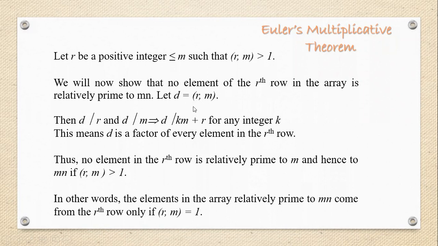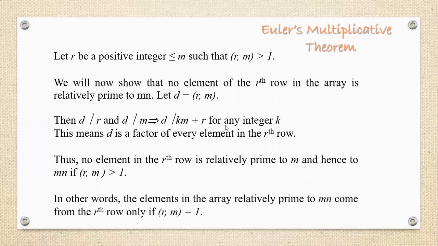So let some number d be equal to GCD of r comma m. I don't know the GCD of r and m, so I am assuming that number is d. Then d will divide r and d will divide m, right? It implies d divides km plus r. It is nothing but the division algorithm. Already we discussed this theorem in our unit 3 itself. That same theorem we are extending in the form of km and r.